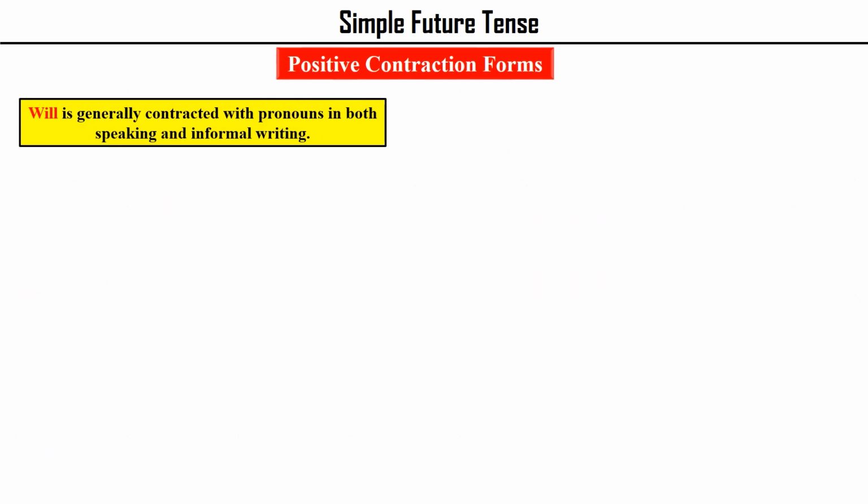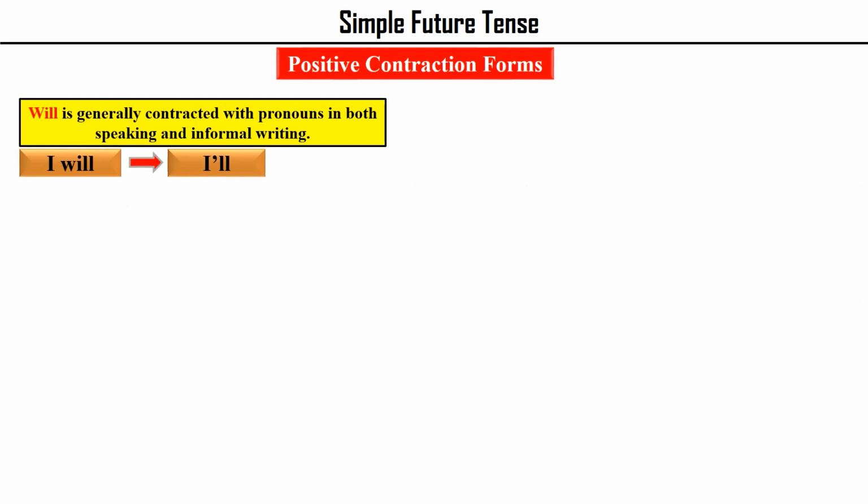Will is generally contracted with pronouns in both speaking and in writing, but we cannot use contraction in formal writing or in academic writing. Now, we contract will with pronouns.